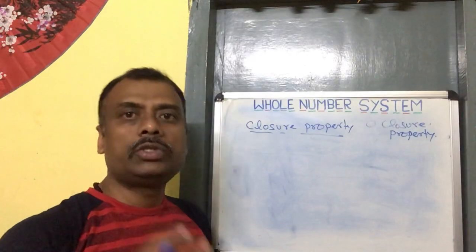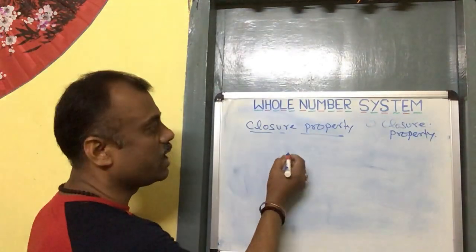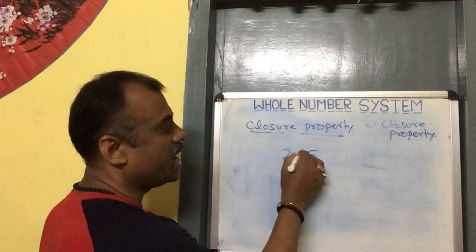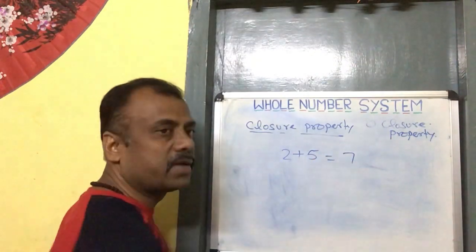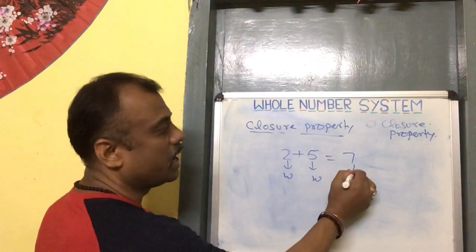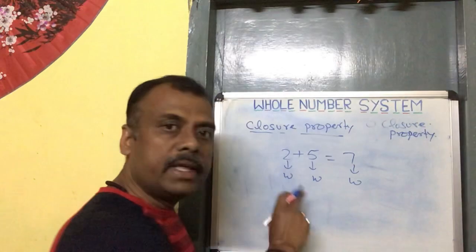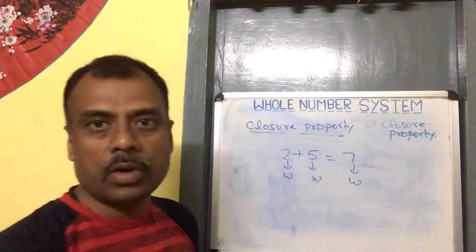Let us take any two whole numbers, say 2 and 5, and add them. If you add them, you get 7. Since 2 is a whole number, 5 is a whole number and 7 is again a whole number, adding two whole numbers gives us a whole number again.